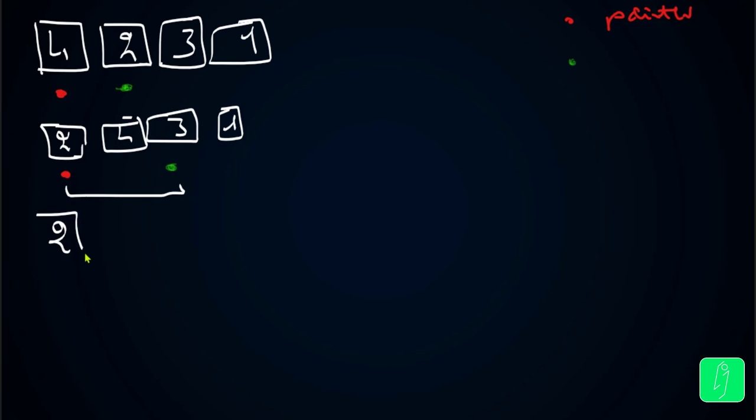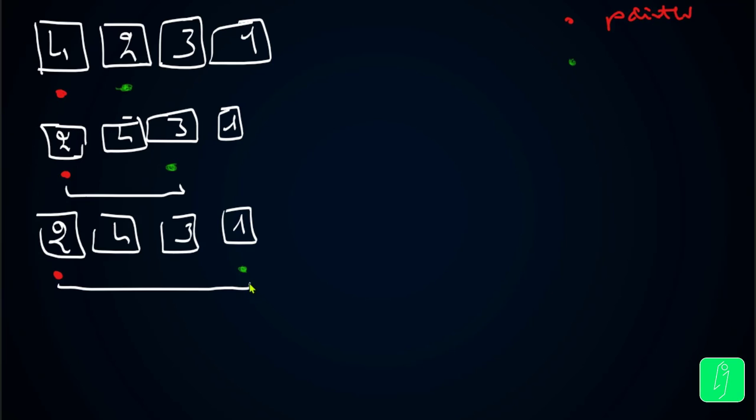So 2, 4, 3 and 1. Again, the pointer is going to be here, and the green dot is going to jump to the 1. In this case, as you see here, I selected the 2, the first item in the list, with the last one.